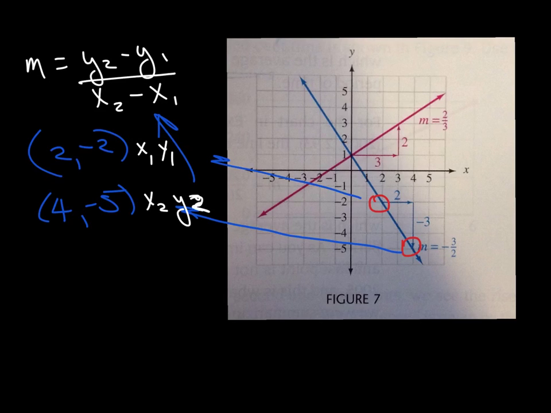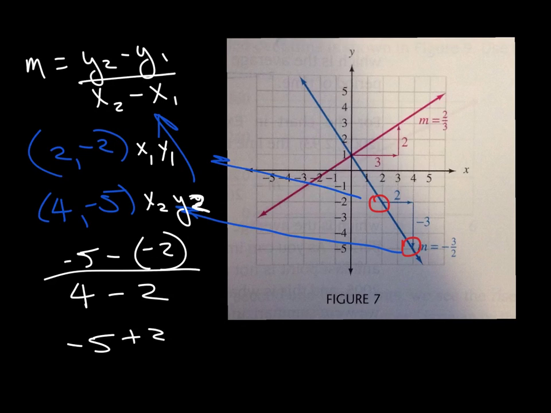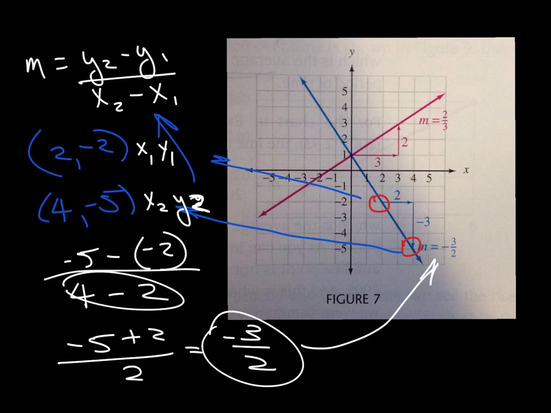Using this formula, let's take the y2, which is -5, minus y1, which is -2, and put that over x2, which is 4, minus x1, which is 2. -5 plus 2 over 2 equals -3 over 2. So again, we get the same answer. It doesn't matter which points you pick, you're going to get the same slope.